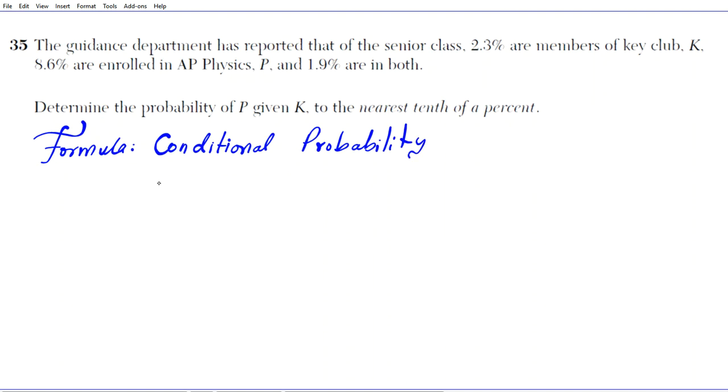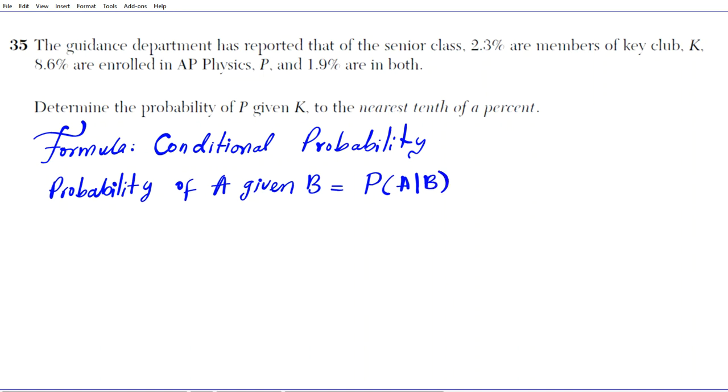The probability of an event A occurring given B is written with the notation P of A, with the bar, and then B. Probability of A given B is the probability of A and B divided by the probability of B.